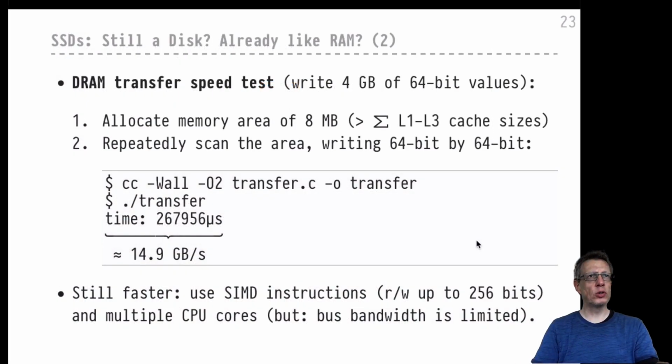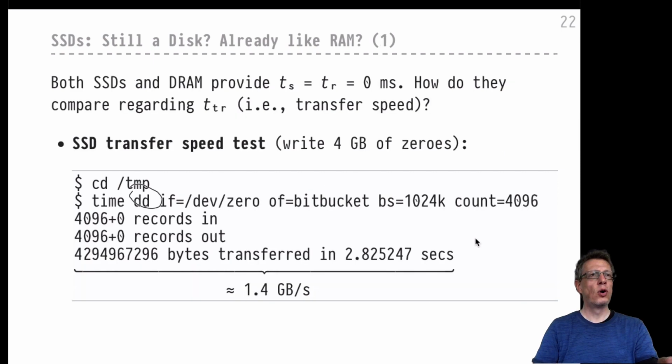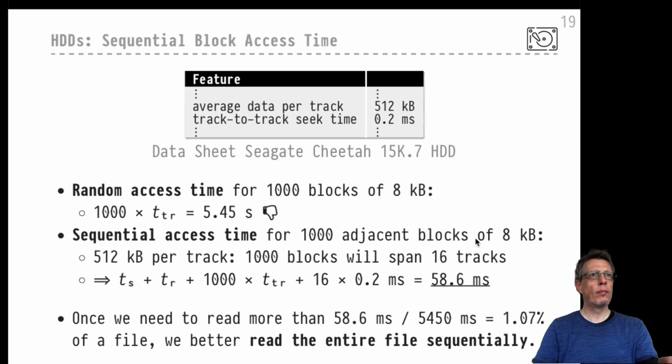So this was about transfer speeds that are really different if we are considering DRAM or SSDs or hard disk drives. The differences between these different storage media, the different devices that we can write and read information to and from, are really staggering.